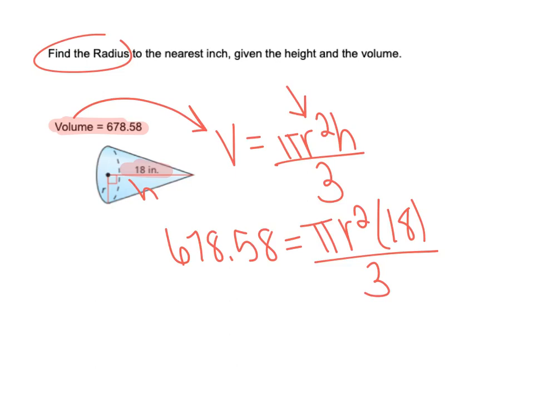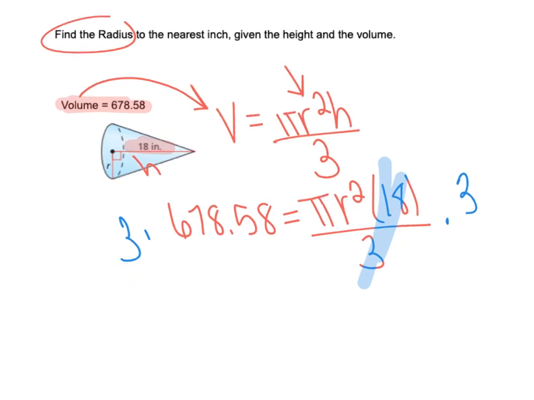You can think about this simplifying in a couple of different ways. You can simplify that and call it 6, so you'd have 6 pi r squared. Or you can just solve it by getting rid of that 3 in the denominator. I'm going to multiply both sides by 3.